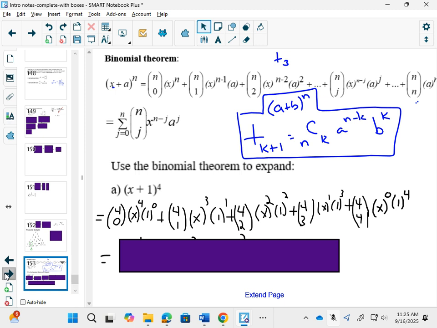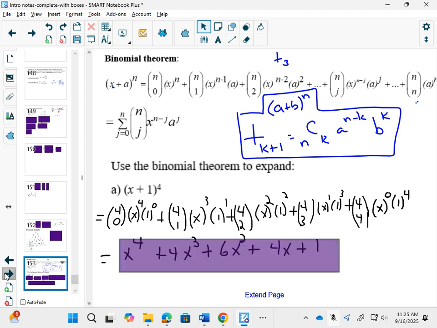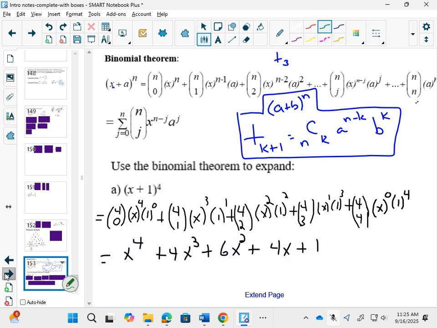And this one you could use Pascal's triangle. I'm going to color code here, these green numbers. That's just a row of my Pascal's triangle. 1, 4, 6, 4, 1. And then I started with an x to the 4 and no 1s. Technically the 1s make no difference here because you're multiplying by 1.